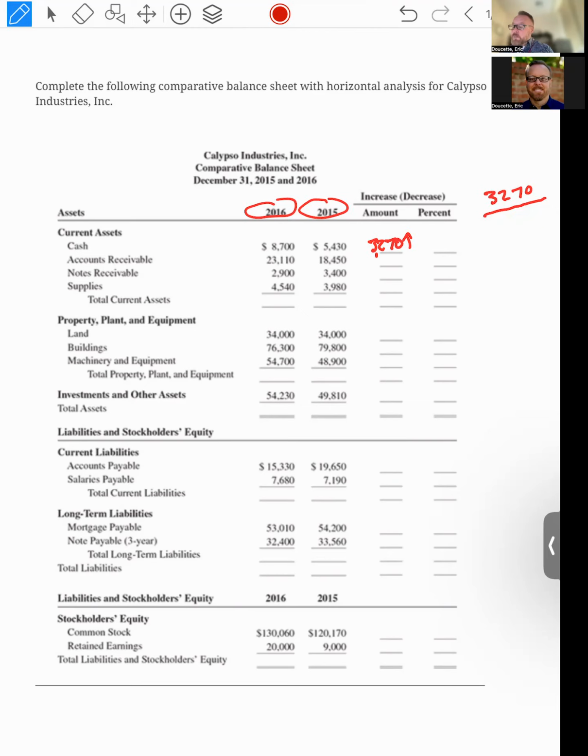So remember, 3270 was the difference, and my original amount in this case was 2015, and you're going to use 2015 all the way down, it's going to be 3270 divided by 5430, because that's how much it was in 2015. That comes out to about 0.6017.